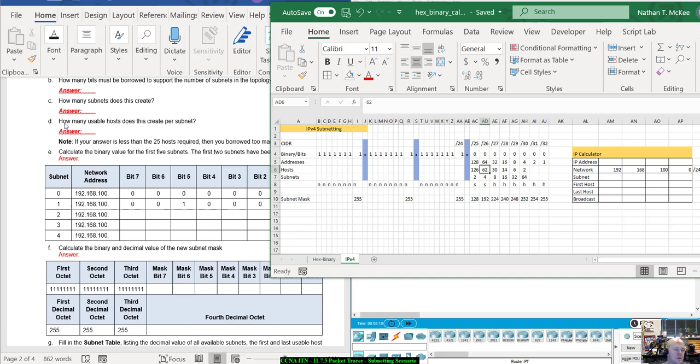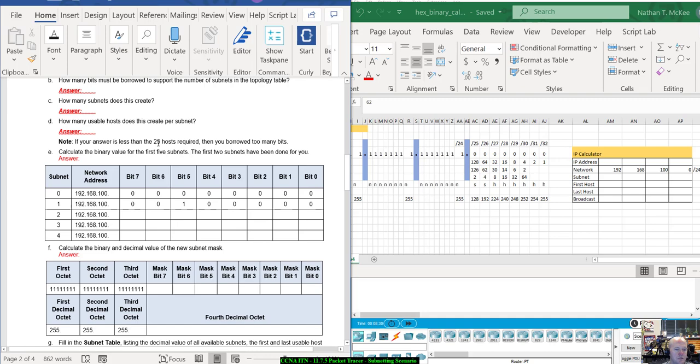And see how in the last Packet Tracer it wasn't very specific, but this one is very specific. If your answer is less than the 25 hosts required, then you borrowed too many bits.